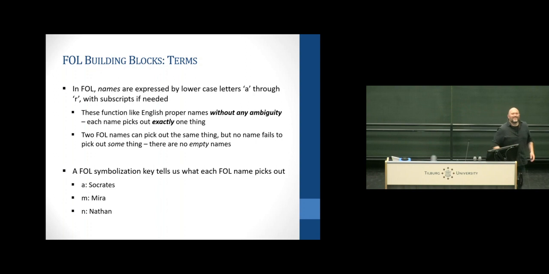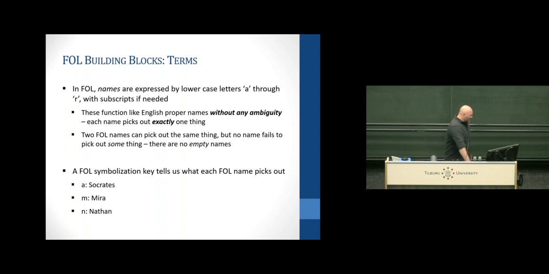Next slide. We're going to use those for our other types of terms. Because remember, there's two types of terms. There's names and there's variables. We're going to use the other little lowercase letters for our variables. Now, notably, an FOL symbolization key is going to be more complex than a TFL one was.